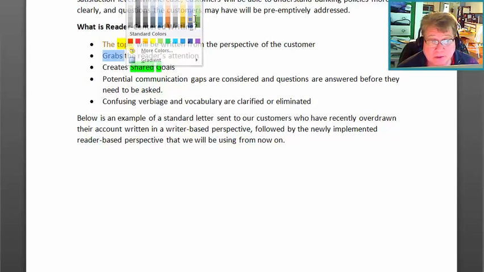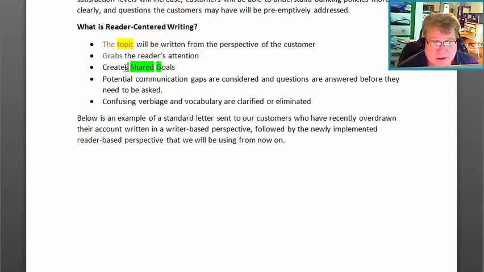Let's label it blue. The next item begins with a verb, so it's a blue. Here, this is a sentence. Communication gaps are considered, so we will label that an orange. And then here, this one begins with a subject, compound subject. Confusing verbiage and vocabulary are, so it's a subject.